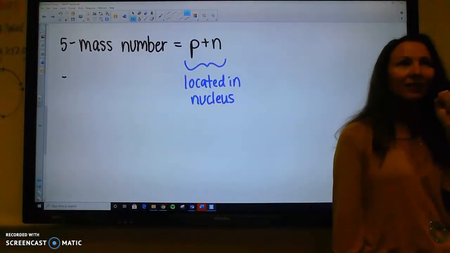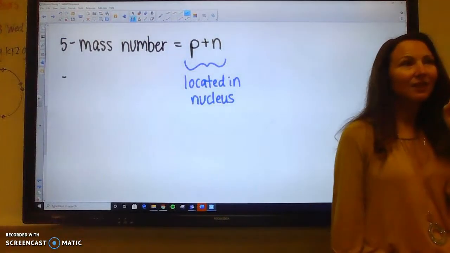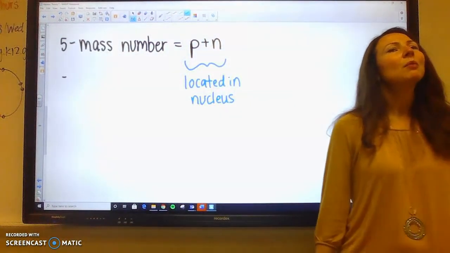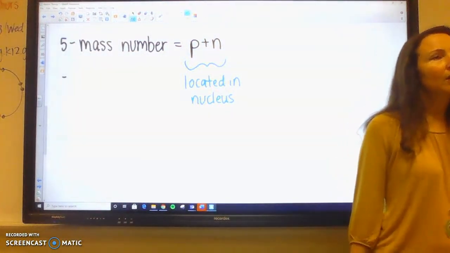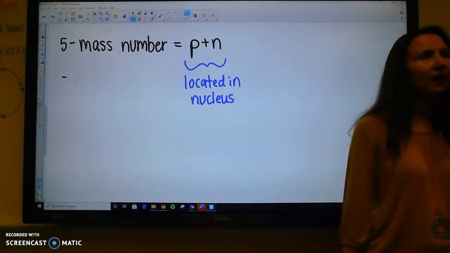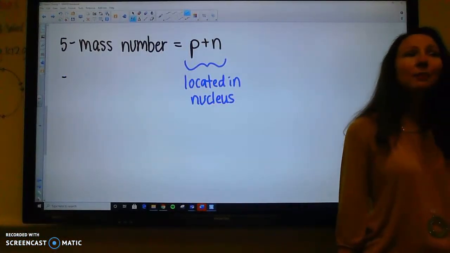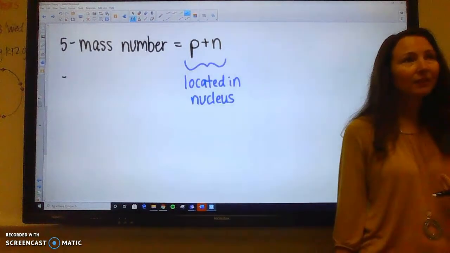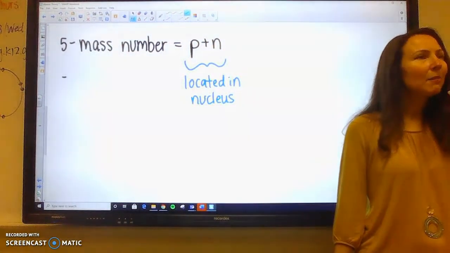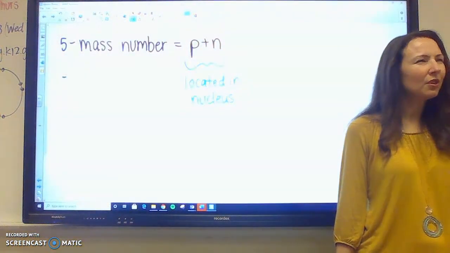It'd be the size of like a nickel, you guys, a nickel. If somebody were to drop a nickel on the 50-yard line and you're sitting up in the bleachers, would you be able to see it? No. Imagine how crammed the nucleus is.